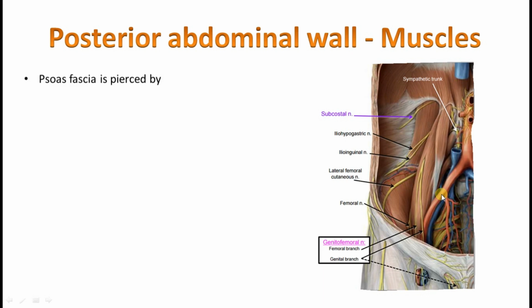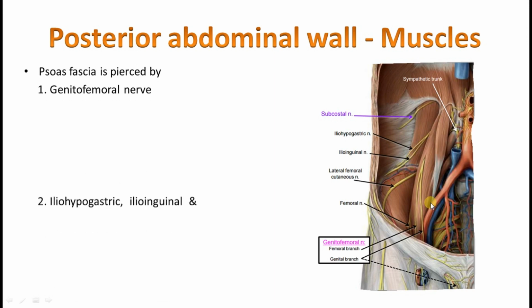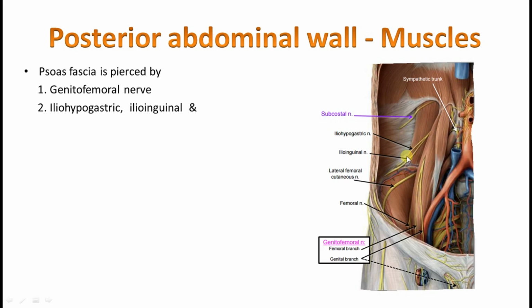So the psoas fascia is pierced by the iliohypogastric, ilioinguinal, genitofemoral nerve, and more medially the obturator nerve, and the iliolumbar arteries. Genitofemoral, iliohypogastric and ilioinguinal are all branches of the lumbar plexus, and more medially the obturator nerve, and then it is pierced by the fourth lumbar artery. The lumbar arteries are branches given from the posterior side of the abdominal aorta.